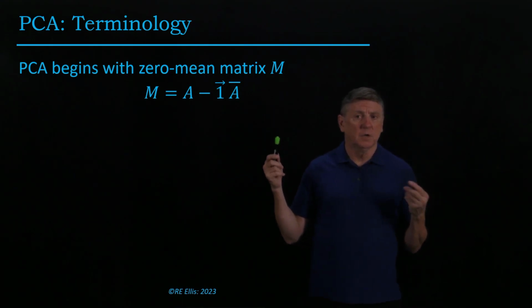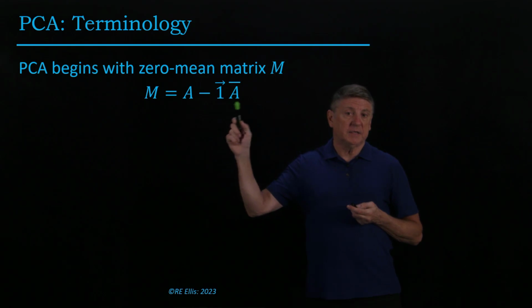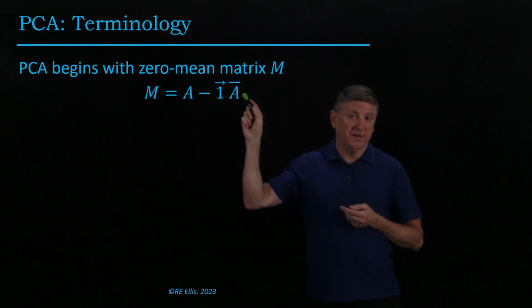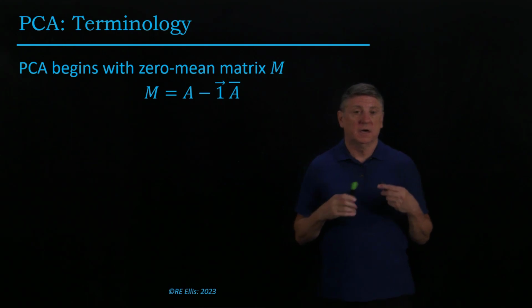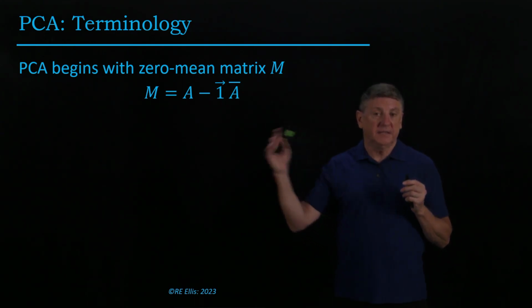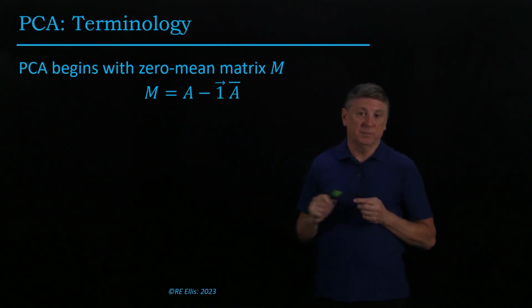So the terminology for PCA, it all begins with our zero matrix. So let's recall that our zero matrix, which we're writing as M, is our data minus the mean of the data. And here we're taking the mean of each column, so that's our A bar is an observation. And then the one vector times this gives us the zero matrix, and then this minus that is our zero mean data.